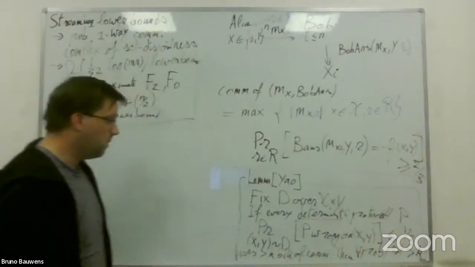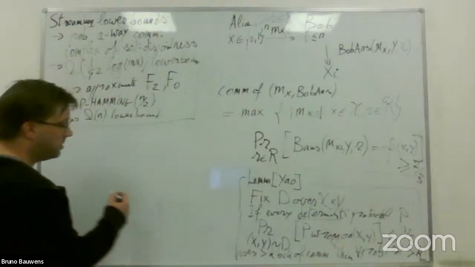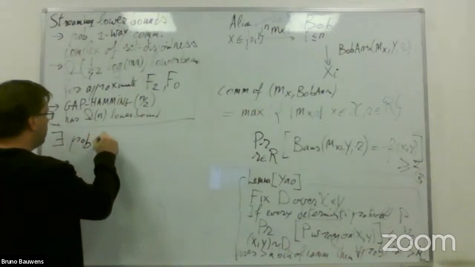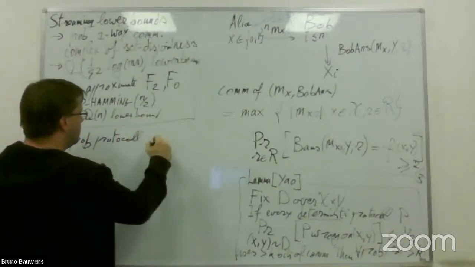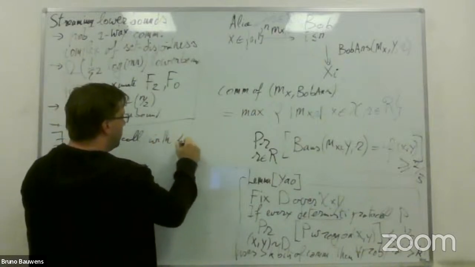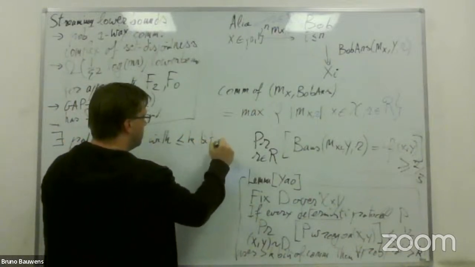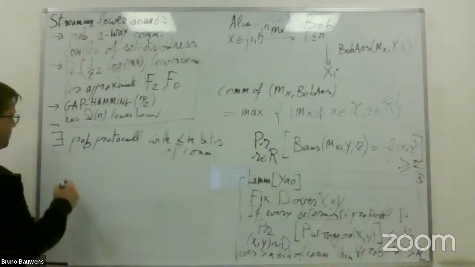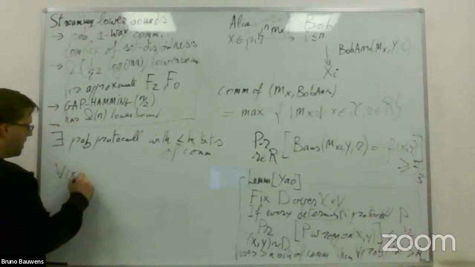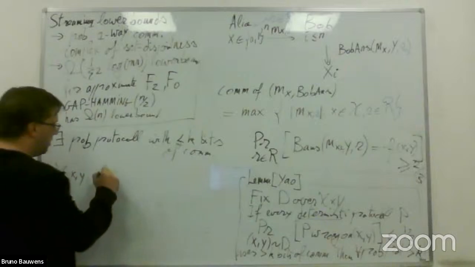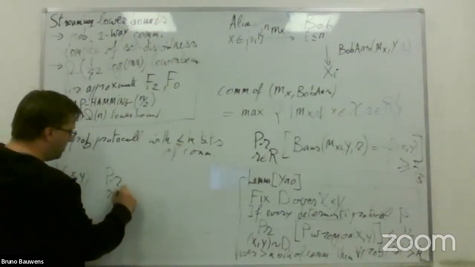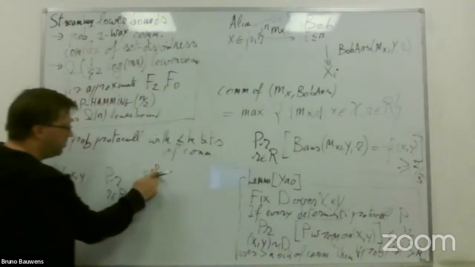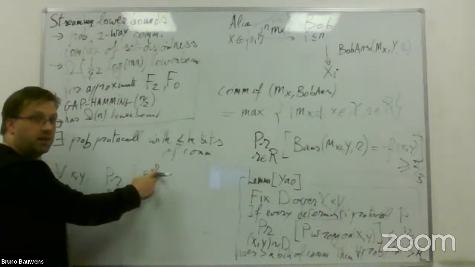So let us start with the contrapositive: there exists a probabilistic protocol with at most k bits of communication. Okay, so what it means is that for every pair x, y, the probability over r, the randomness, of P with randomness r being wrong on x, y is smaller than 1/3.